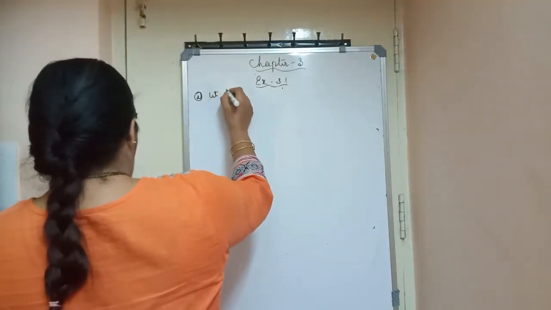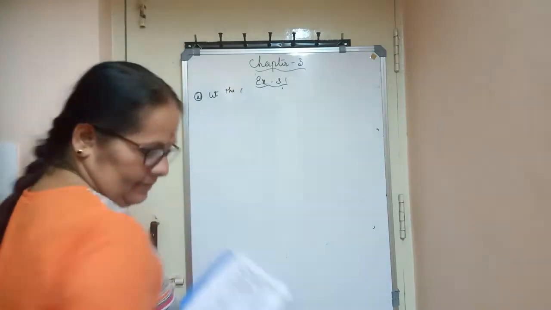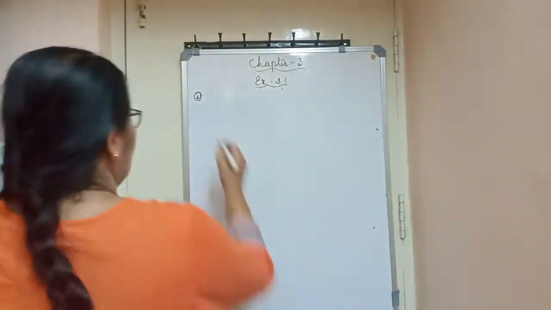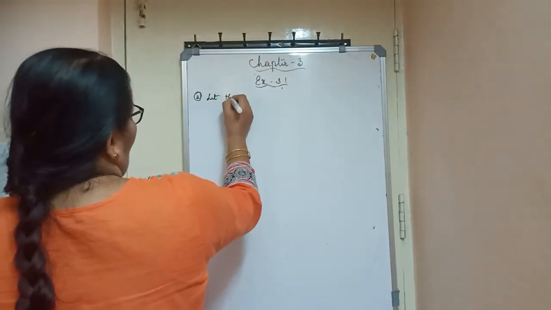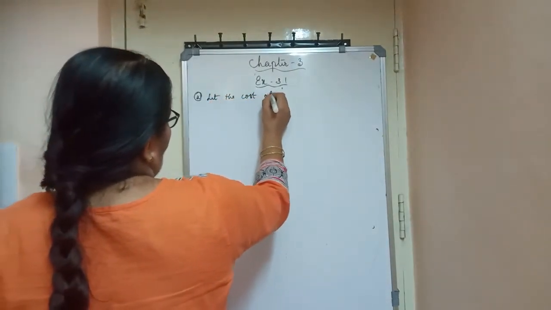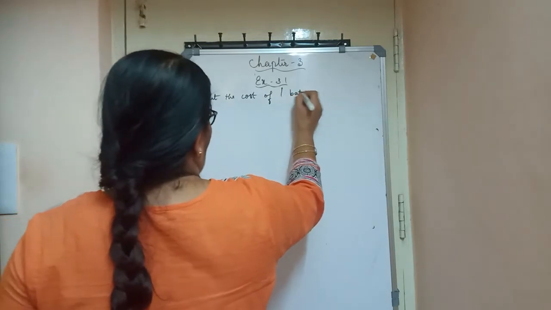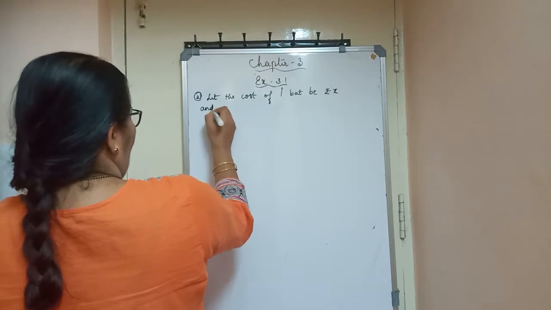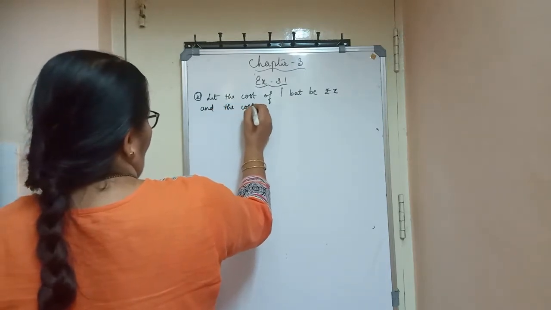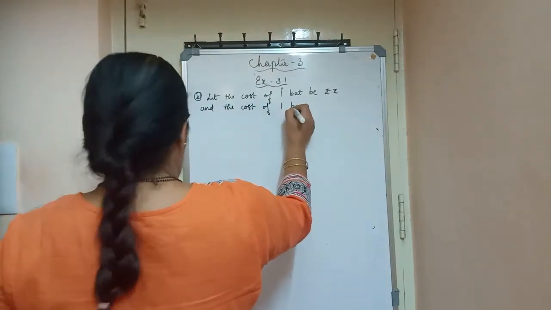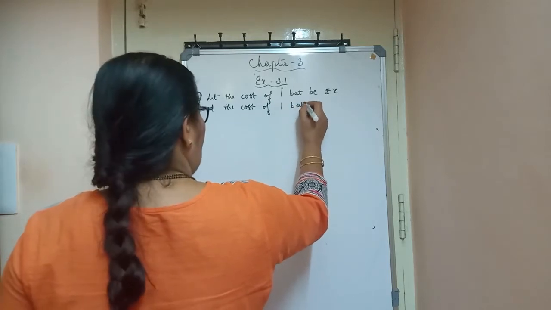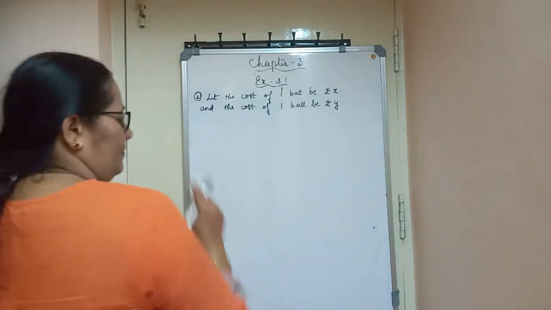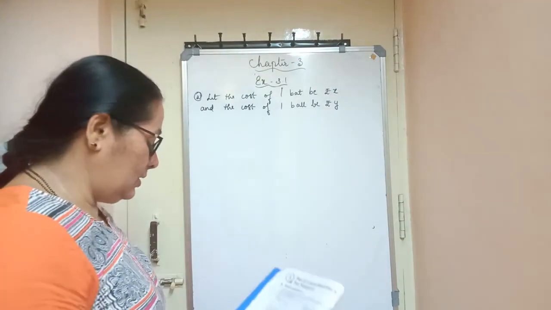Let the cost of one bat be X rupees and the cost of one ball be Y rupees.